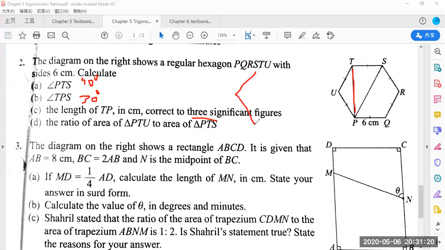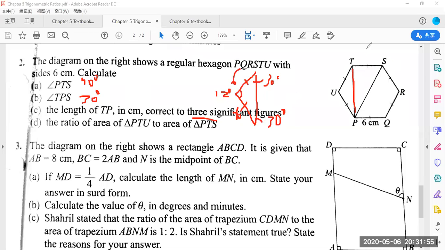Just now this one is an isolated triangle, so 6, 6, and then 120, and then 30, 30. How do you need to calculate? Because in this chapter 5 we learn the trigonometry, the right angle triangle, how to find.